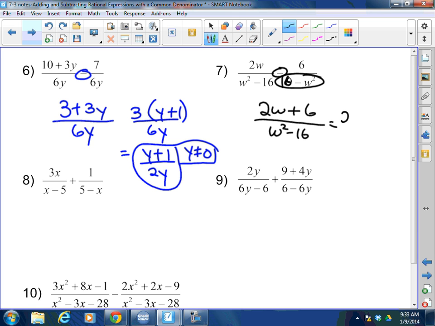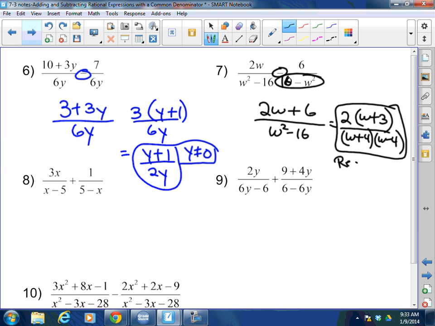I factor out a 2. I got w plus 3. I can factor this if I want: w plus 4, w minus 4. But in this case, it doesn't matter because I cannot cancel out anything. However, I do have a restriction that x cannot equal positive or negative 4.